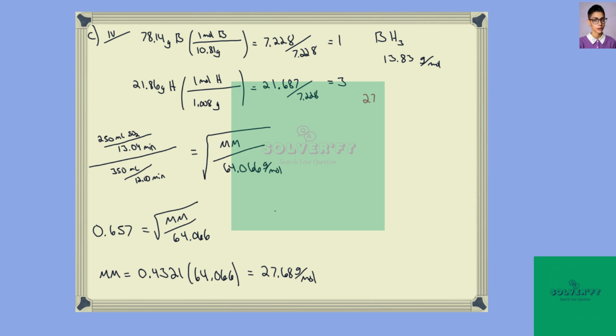So to determine the molecular formula, we need to divide the molar mass of the empirical formula into the molar mass of the molecular formula, the one determined from Graham's law of effusion, and this gives us 2. So this will then be our subscript multiplier that we multiply the subscripts by in the empirical formula to get the molecular formula. So the molecular formula of this 4th boron hydride that was a gas is B2H6.